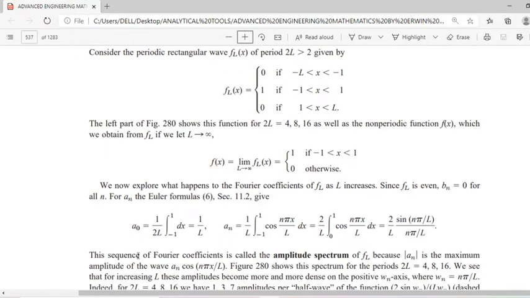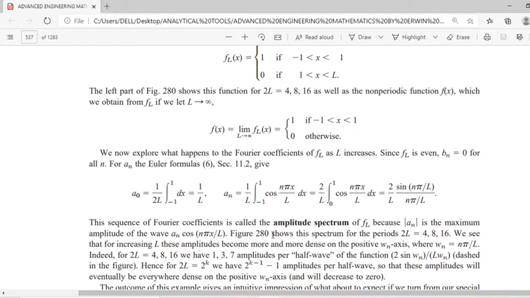For that we have to find a naught, an, bn. Since this is even, bn will be 0. So a naught and an will be computed like this.